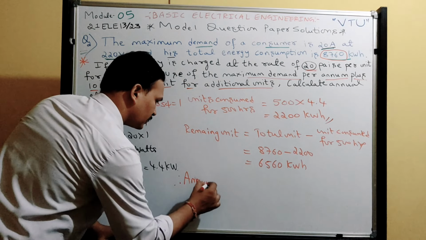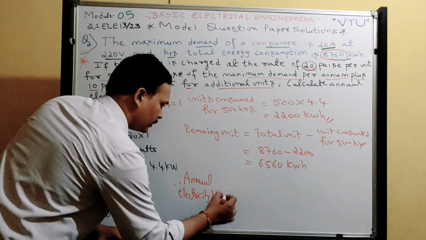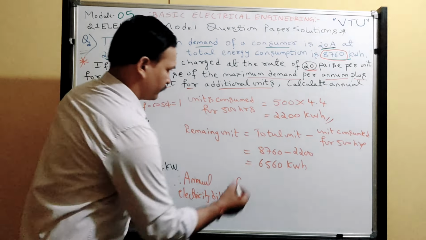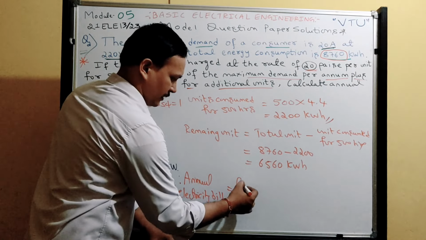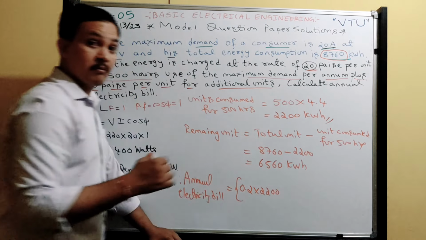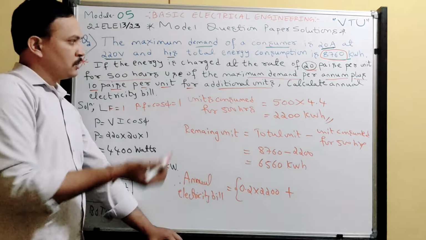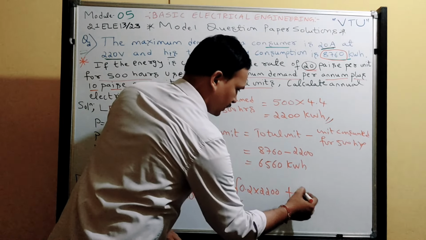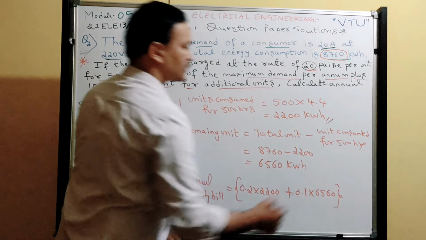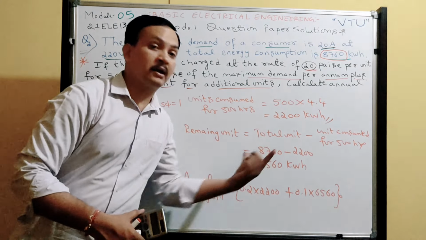So the annual electricity bill is equal to, for the first condition, 20 paise into the energy consumed under maximum demand, plus the remaining units at 10 paise. 10 paise means you can take 0.1 into how many units? 6560 units, or 6560 kilowatt hour, is also correct.